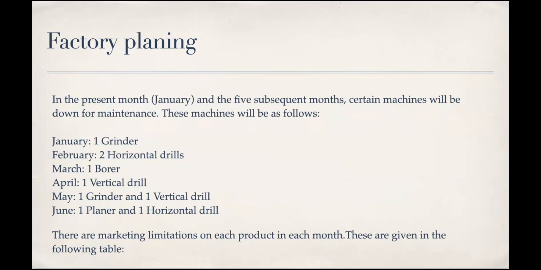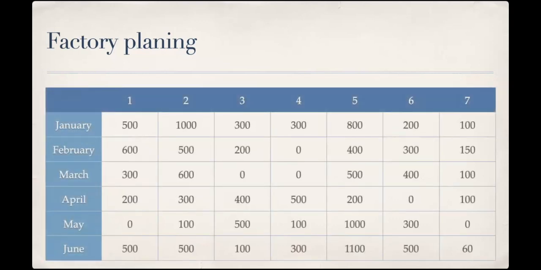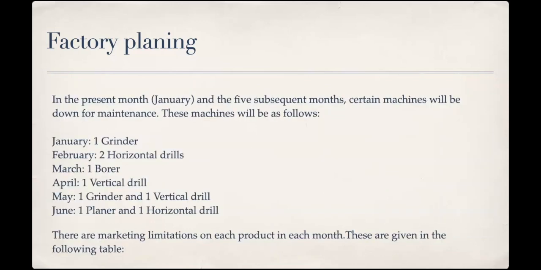So you see that it imposes some changing of the constraints. And this table gives you the marketing limitation on each product in each month.